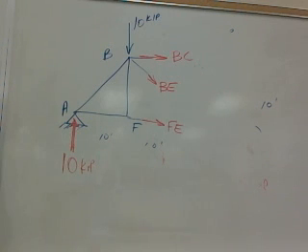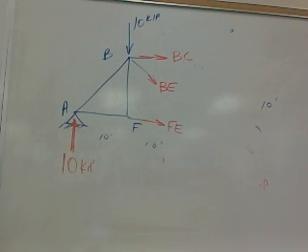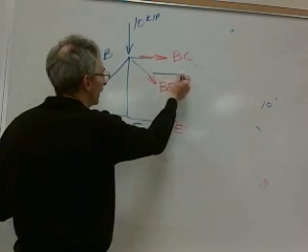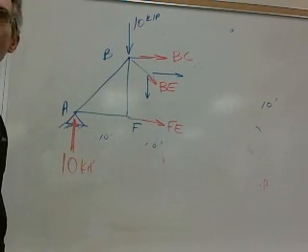Now BE, this diagonal, is the one that I wanted to find. How do you propose that we find that? Is this a perfect free body diagram right now? Is it in a form that you can use right away? It might be, but I usually tell people anytime there's a diagonal, you might want to think about that diagonal as being broken down into its x's and y's, right?